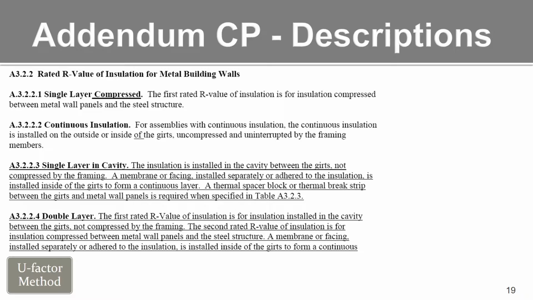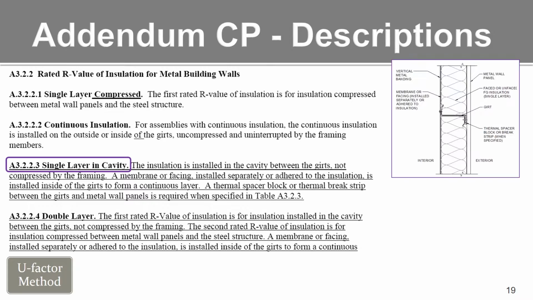So going back to the top, you have a single layer and it introduced the word compress. So this is a single layer compressed between the girt and the metal panel. You have continuous insulation with an editorial change there with the word of. Single layer in cavity, as described in this drawing here, fills the cavity without compressing any fiberglass insulation between the girt and the wall panel.